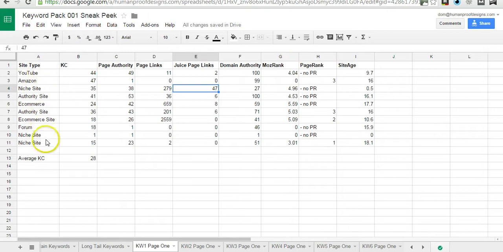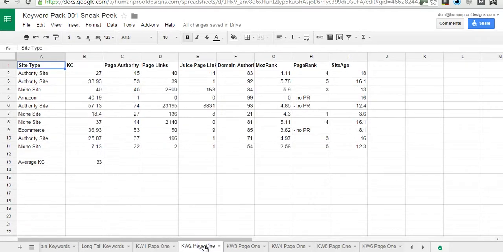I'm getting all this data from Longtail Pro, which is a really great tool. All the keywords that are here, I've looked at them, I've done the analysis, and I know that they're viable. I just want you to understand why they're viable.